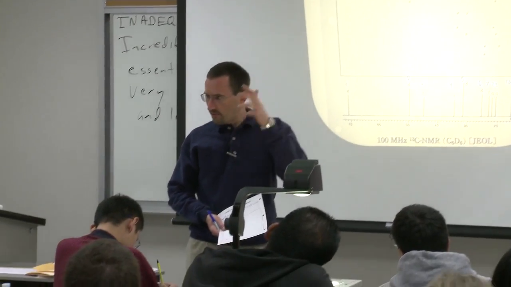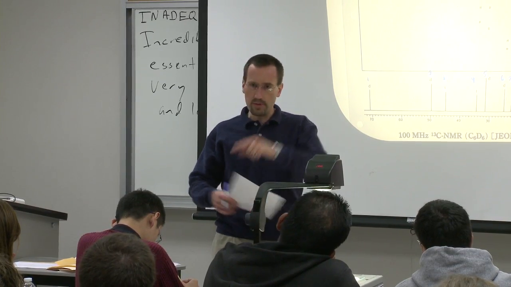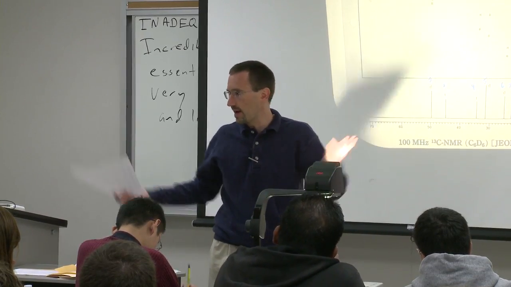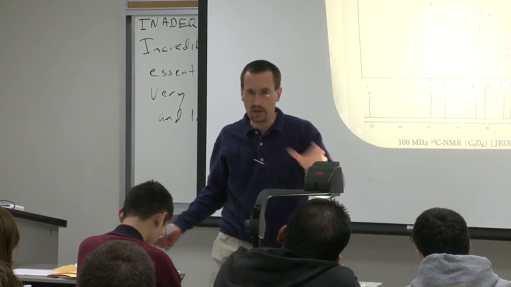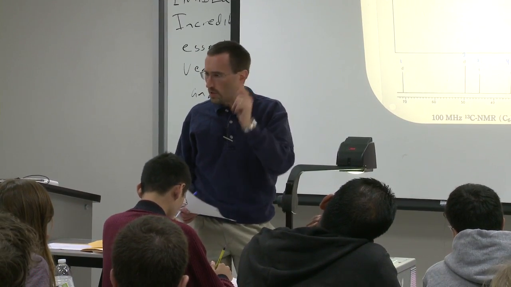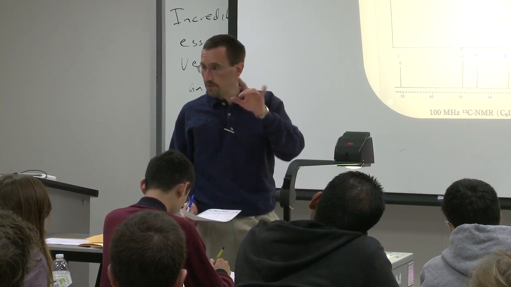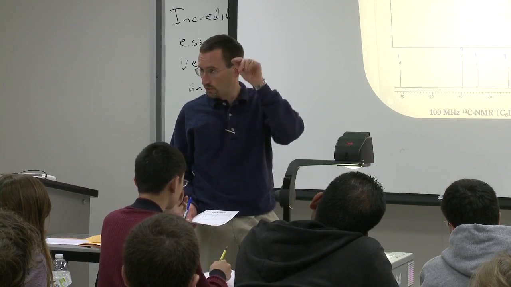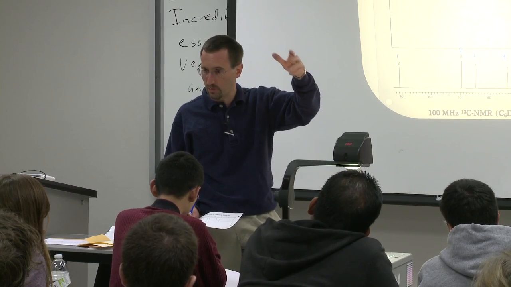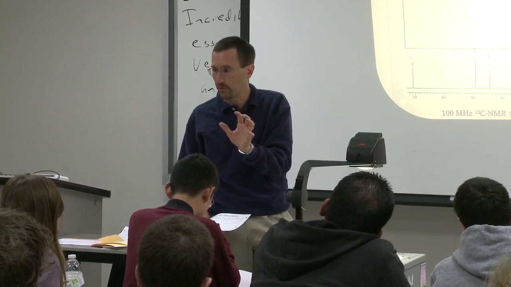But with full coupling, all of your peaks are very heavily split because you've got your one bond coupling, with like 125, 160 hertz coupling, which splits your lines into doublets and triplets and quartets. But you also have on top of that your two bond and three bond coupling, which means every peak is heavily split into many, many lines. So it becomes like a quartet of triplets, say, what you'd see for the methyl peak in ethanol, and the lines are very small.